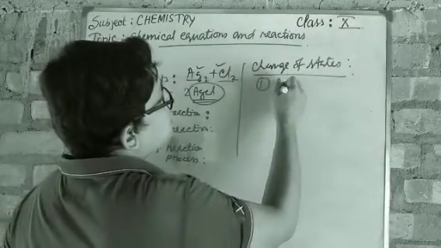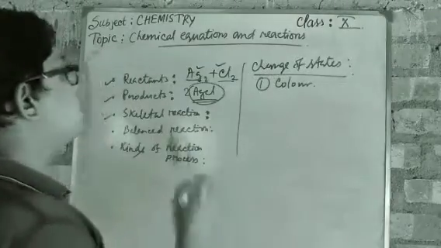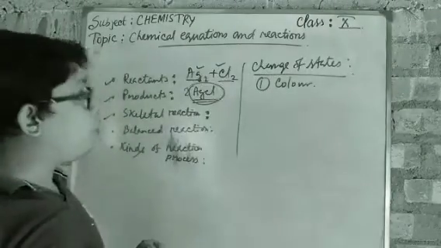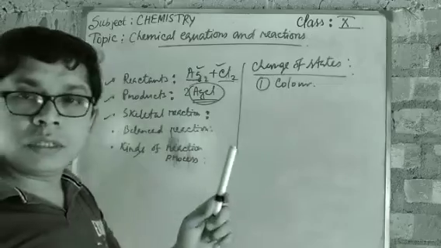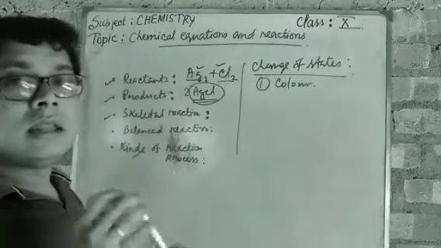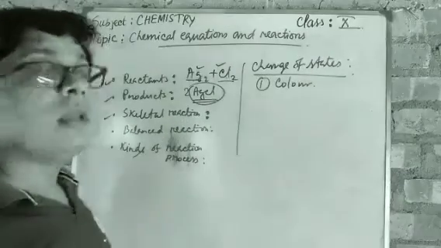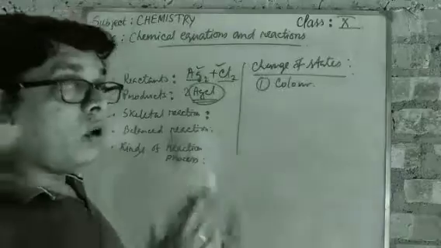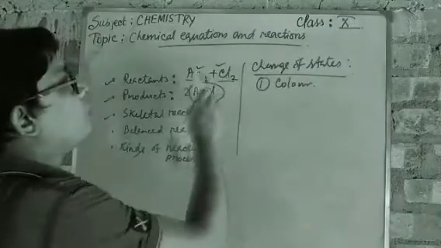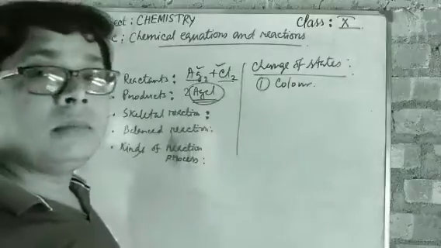Number one, the color can be changed. Ag and Cl, both chemicals' colors are different from each other, and when they make the product, its color is also totally different from its reactants. This color has changed when both of them reacted with each other.